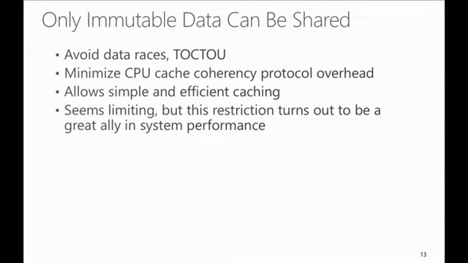Going back to immutability: only immutable data can be shared. A person asked, what about copy on write? We decided not to do demand paging in the system. We also decided there are no kernel tricks to do things like copy on write.